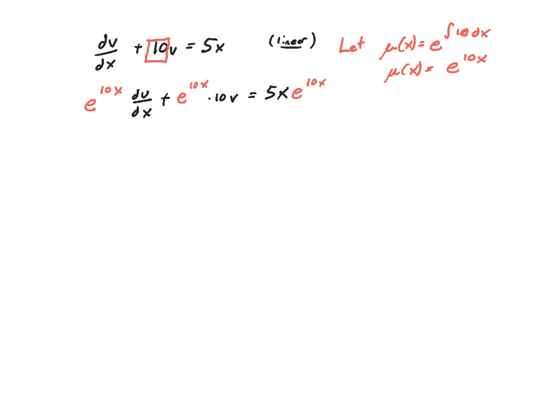And remember the whole point of it being linear is that in the integrating factor, by the way, this is the int factor that we want to use. So that is our integrating factor. And if we did the integrating factor correctly, then this should rearrange now into the derivative of e to the 10x times v.